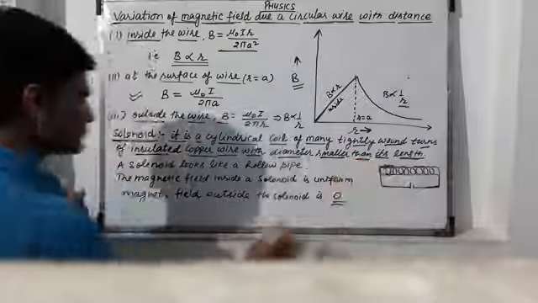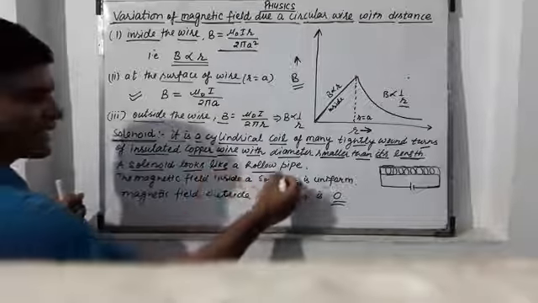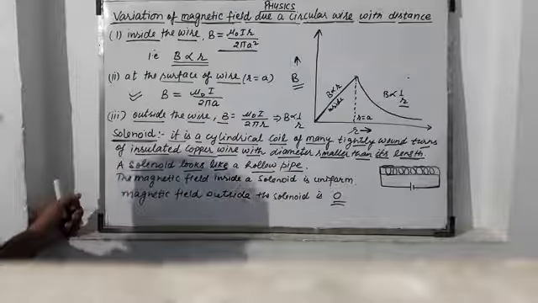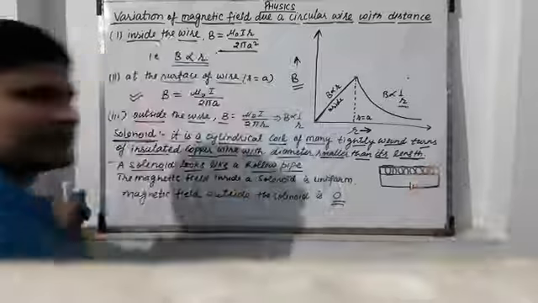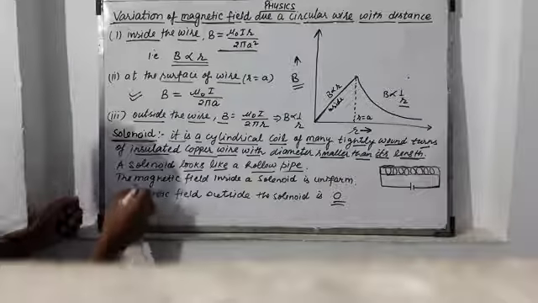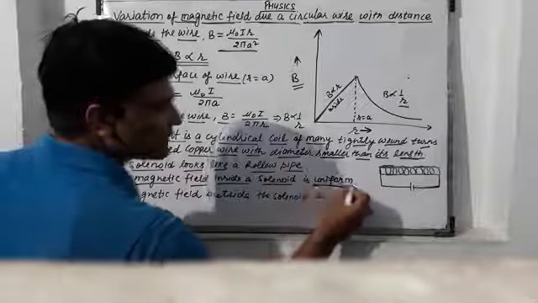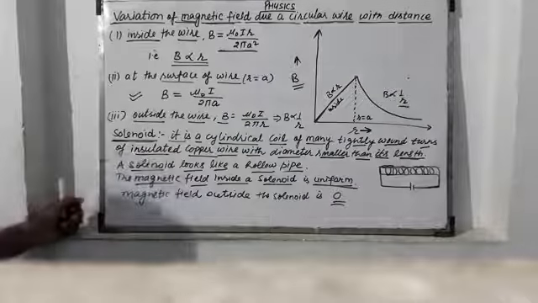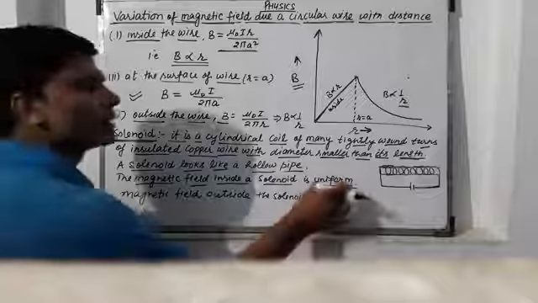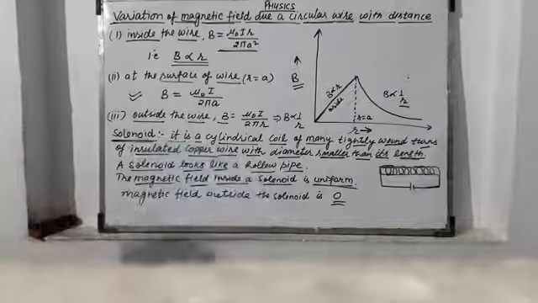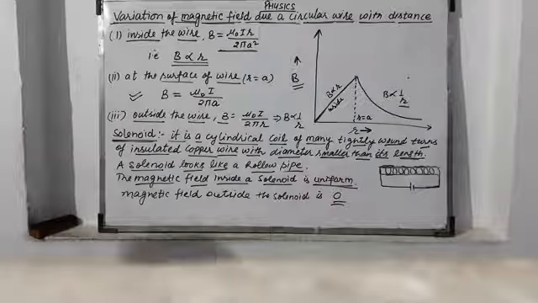A solenoid looks like a hollow pipe, like this. The magnetic field inside a solenoid is uniform. It means it is represented by a set of parallel lines.